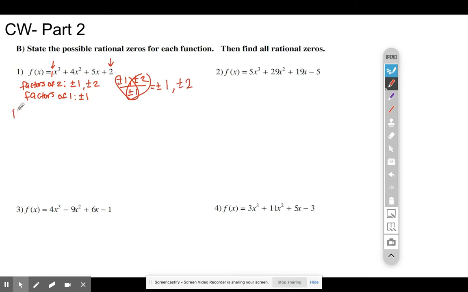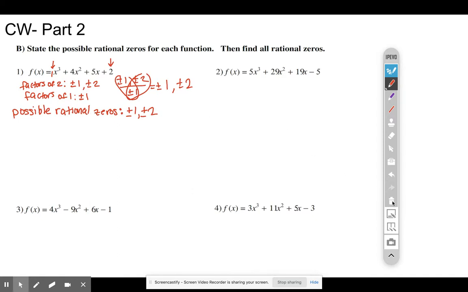So your possible rational roots, or zeros, are 4 choices: plus 1 or minus 1, plus 2 or minus 2. So those are the only 4 choices.